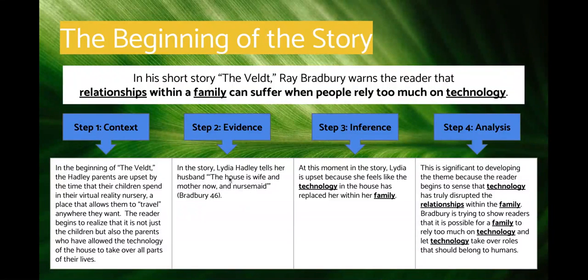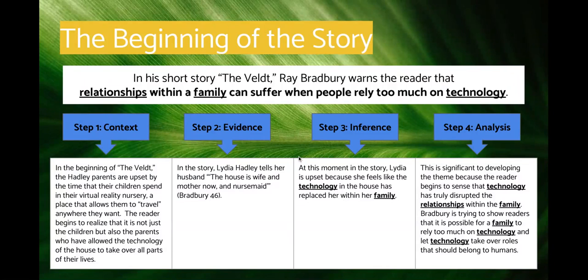Now I needed to find a line that supports this theme: relationships within a family can suffer when people rely too much on technology. I see here Lydia Hadley literally suffering because of her relationship within her family, and suffering because of the technology. Now, my job here is to make an inference.